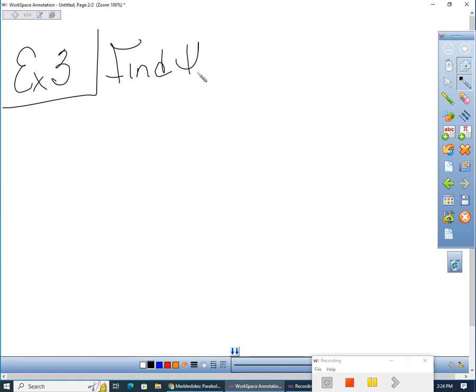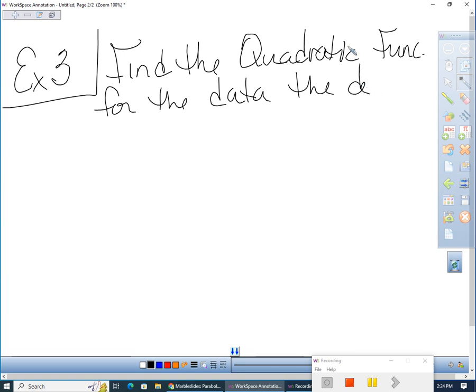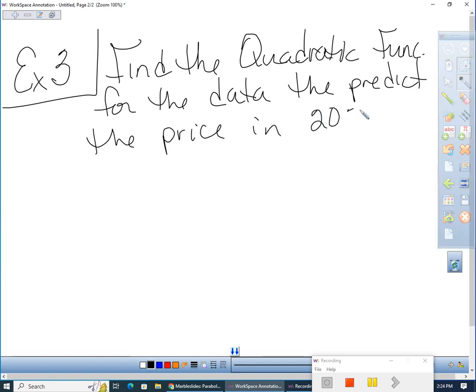Find the quadratic function for the data, then predict the price in 2030. All right, here's our table.